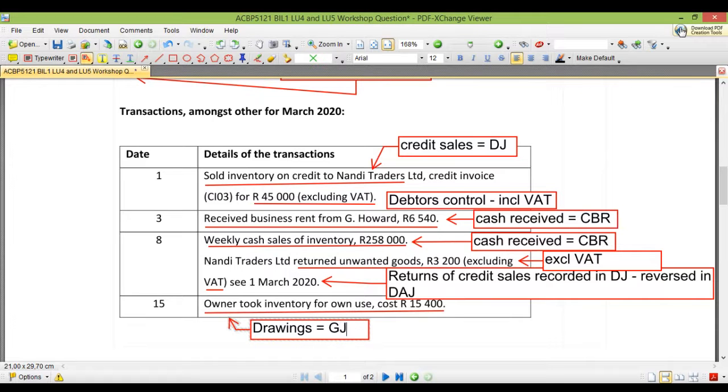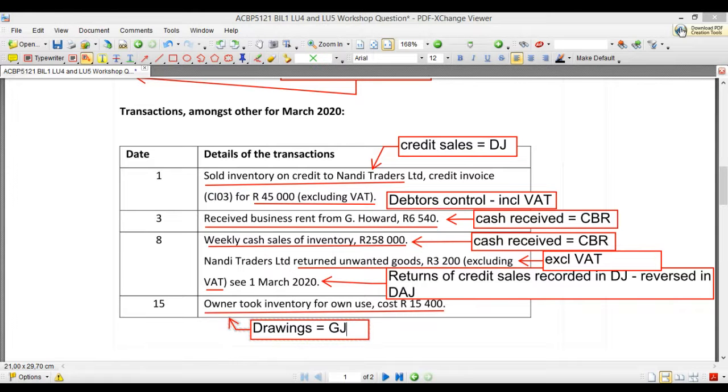Okay, because they do not indicate whether it's inclusive or exclusive. Based on the prior information in the beginning, would that amount be inclusive of VAT or exclusive of VAT? What do you guys think?